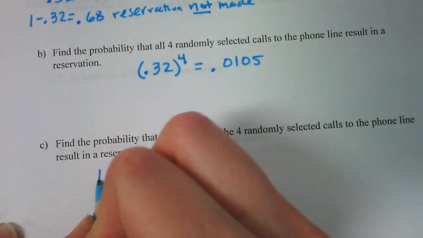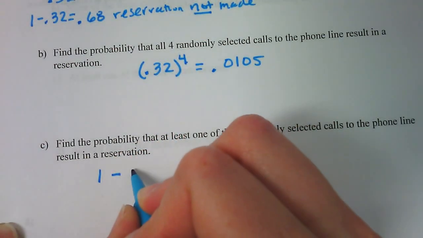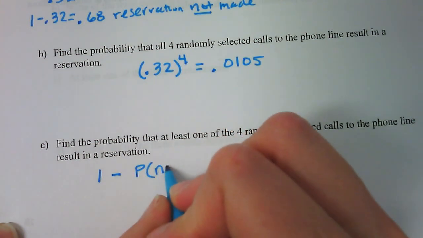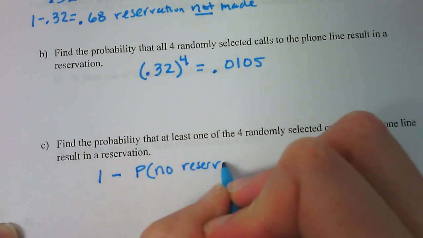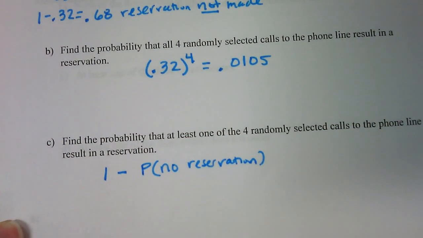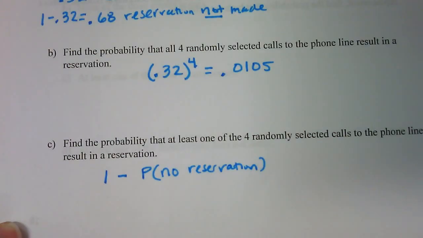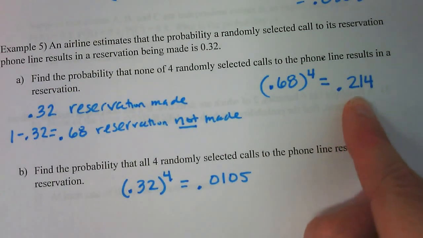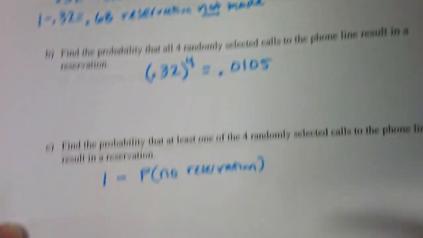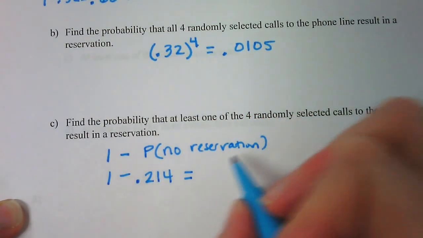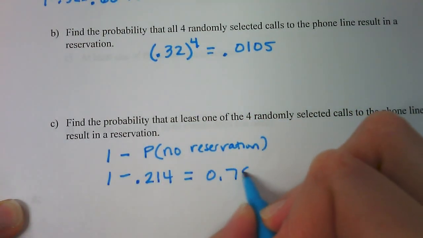So what we're going to do is subtract 1 minus the probability that no reservation happened. Okay, because at least 1 means there's more than no reservations. So when we did no reservations up here, it was 0.214. So we're going to say 1 minus 0.214, and that gives us 0.786.